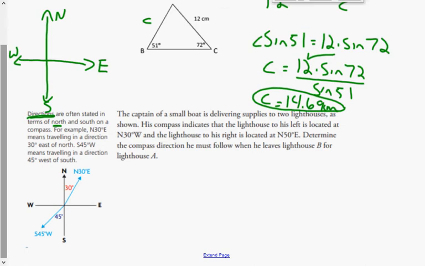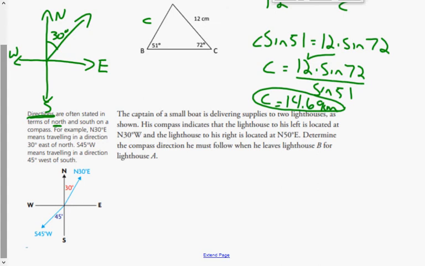So now if I said I wanted to go north 30 degrees east, so going northeast looks like this, in that direction, I have to remember that it's north, but then I'm also going 30 degrees from north towards east.